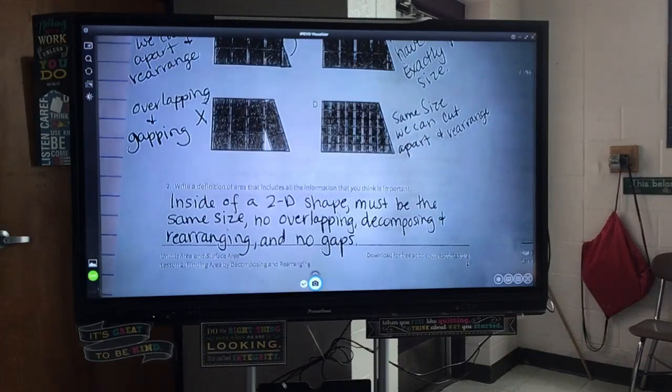And then there's one more thing that we learned yesterday that has to do with our answer. What must we do when we're finding area? What must we do to our answer? Not cubed. How many numbers are you multiplying? So it's got to be squared.